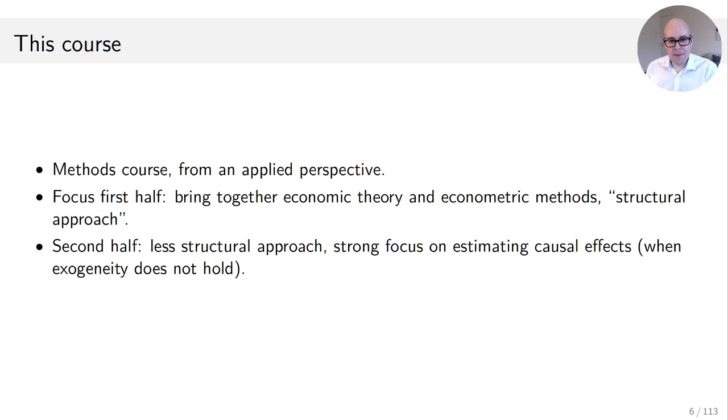In the second half, we teach you how to take a less structural approach. Here we have a strong focus on estimating causal effects in the presence of selection, endogeneity, or put differently, when exogeneity doesn't hold, and at the same time with a focus on heterogeneity.